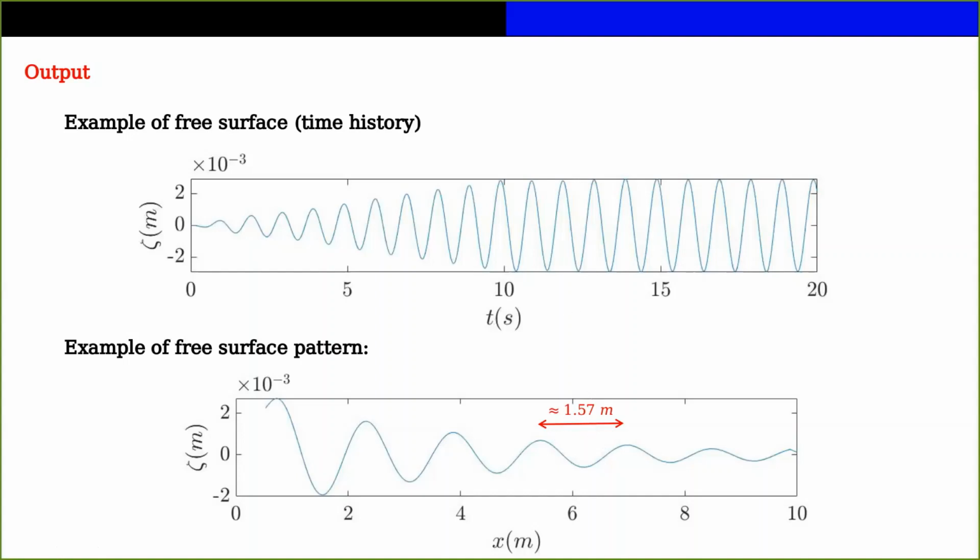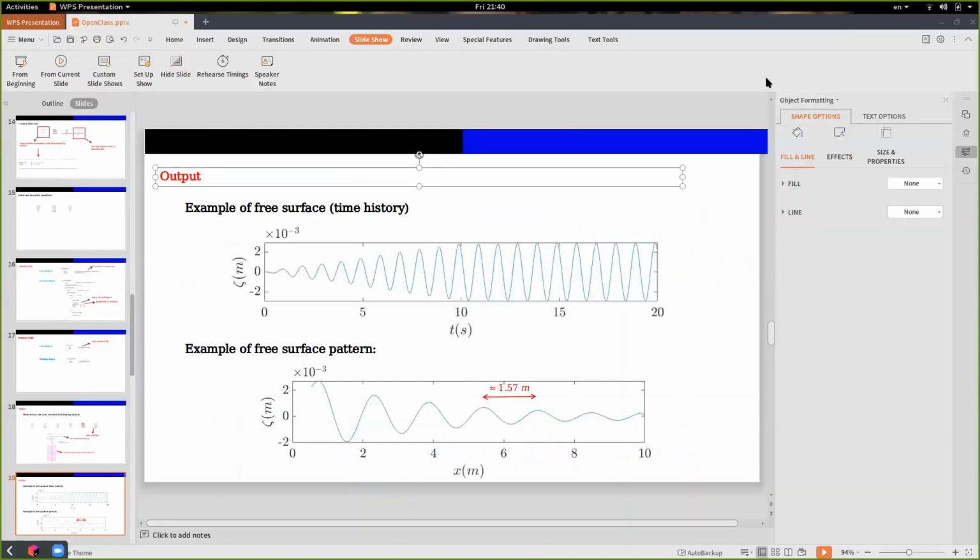And this value is nearly equal to what the dispersion relationship gives to us. So we can see that the solver satisfies the dispersion relationship, and it's working very well, and we can use our simulation and get some results that can be interesting for us and see whether it works or not. But let's go to another example.